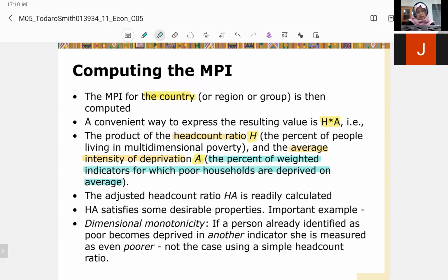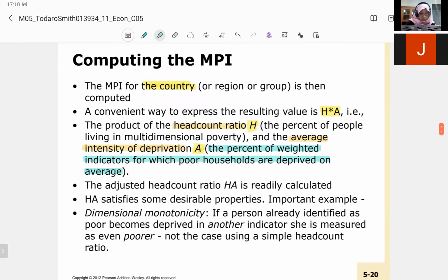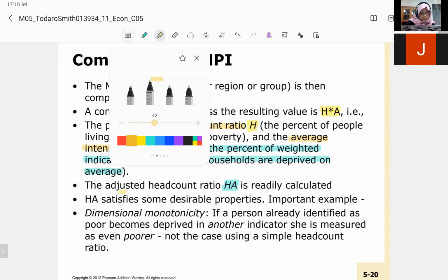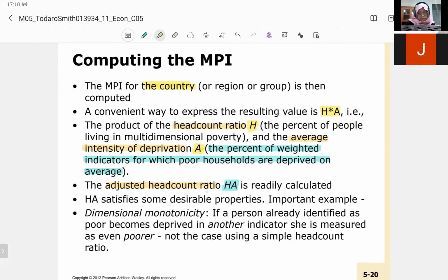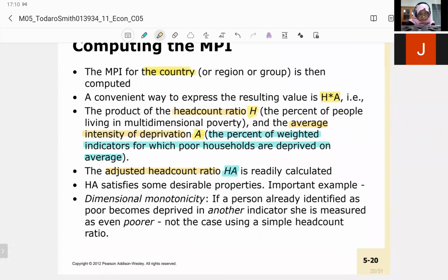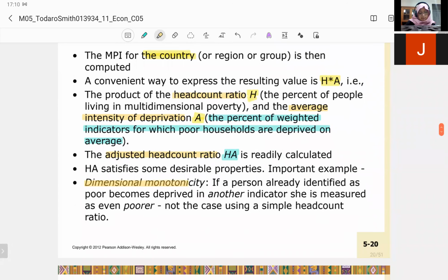The adjusted headcount ratio, HA, is readily calculated. So the result of using this MPI is HA, or the adjusted headcount ratio. HA satisfies some desirable properties, for example, dimensional monotonicity.